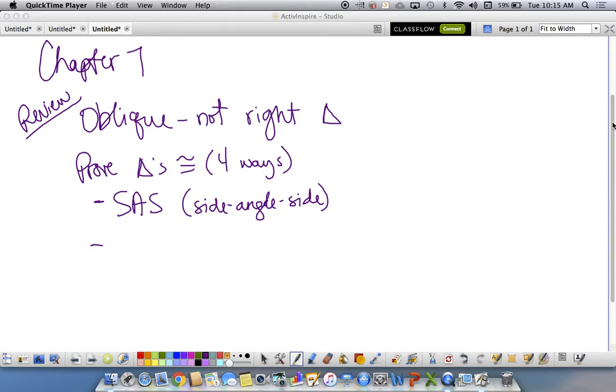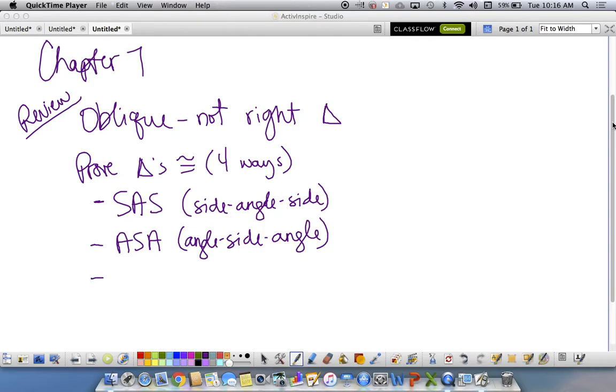There was another one: angle, side, angle. That is, if 2 angles are congruent and the included side is also congruent, you could prove 2 triangles are congruent that way.